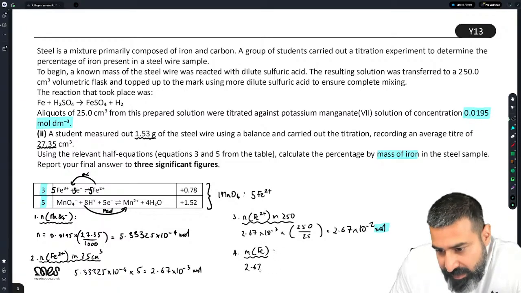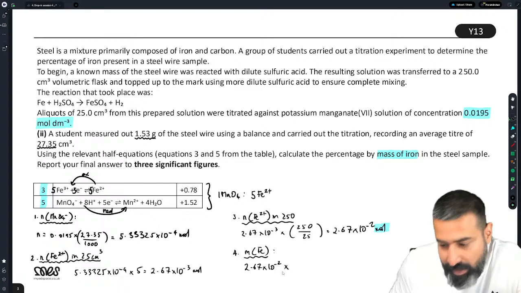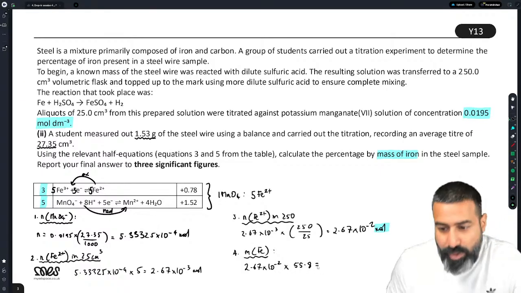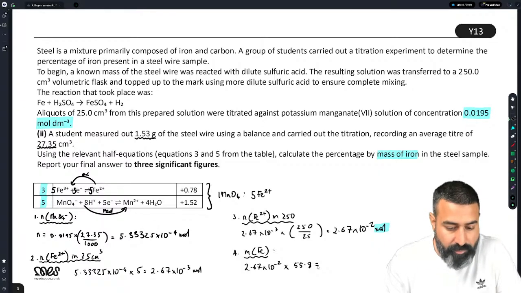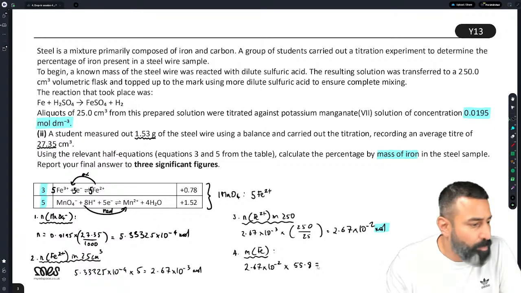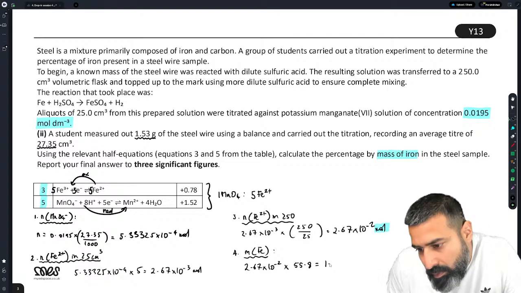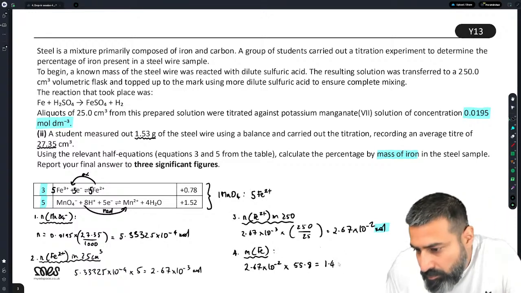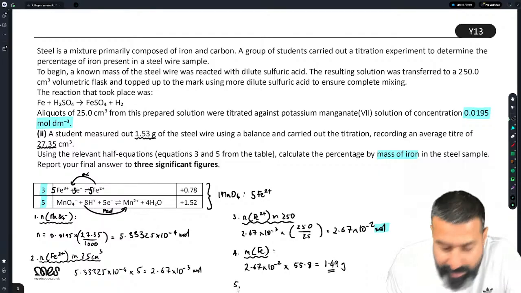It's going to be 2.67 times 10 to the minus 2 multiplied by 55.8. So what do we get? Quite a big number. Do we get 1.49? Okay, cool. So that's the fourth mark.